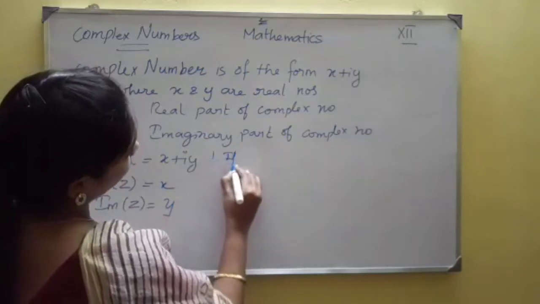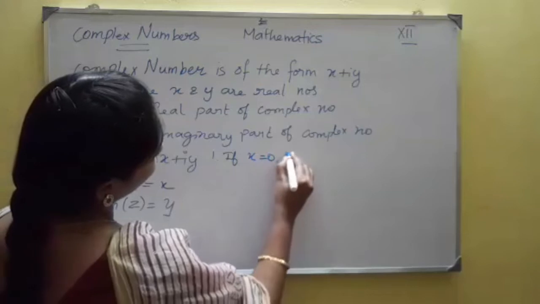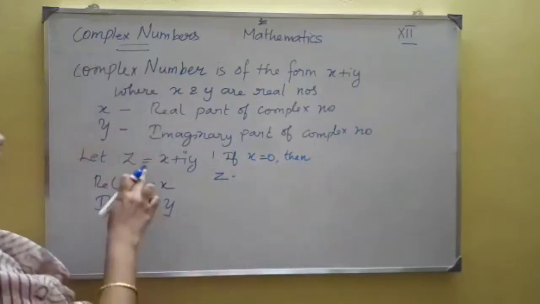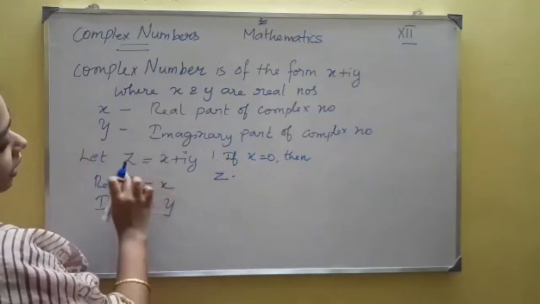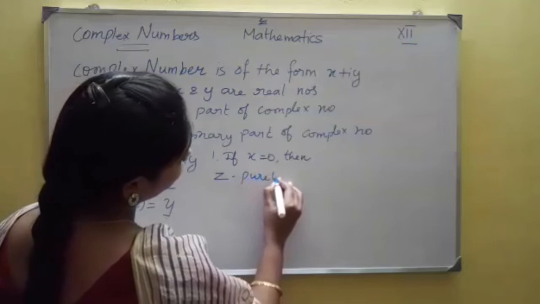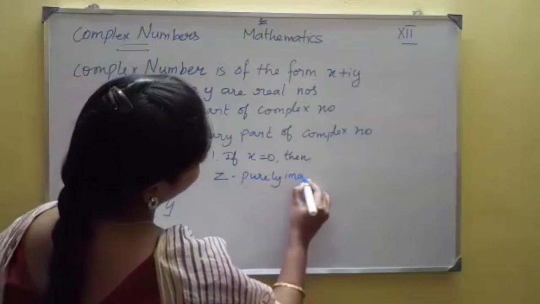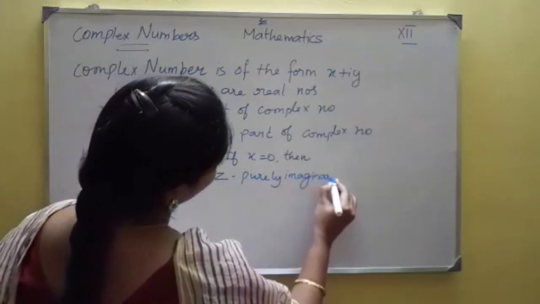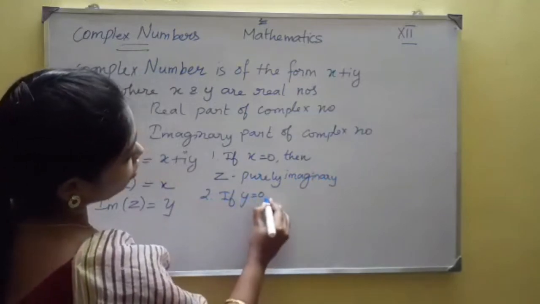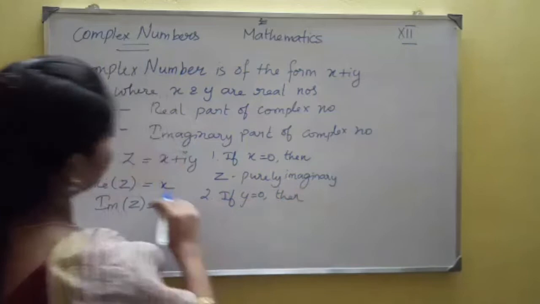One, if x is equal to 0, then z equal to iy. This is purely imaginary. Second one, if y equal to 0, then you will get only x.